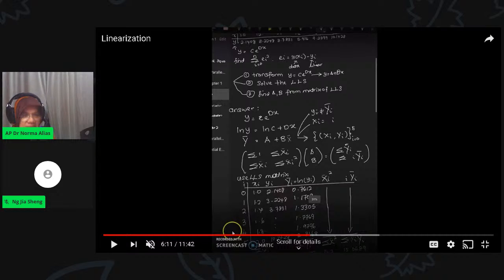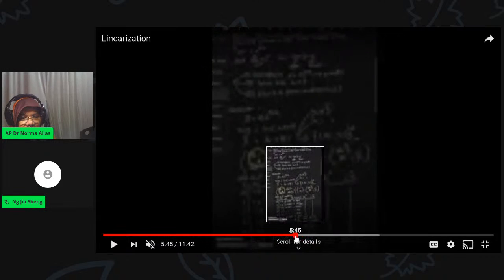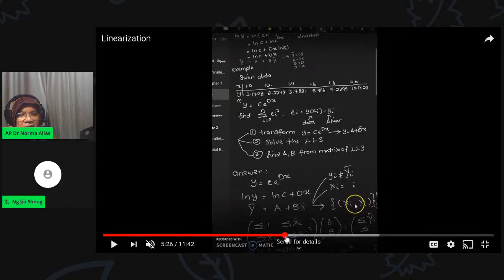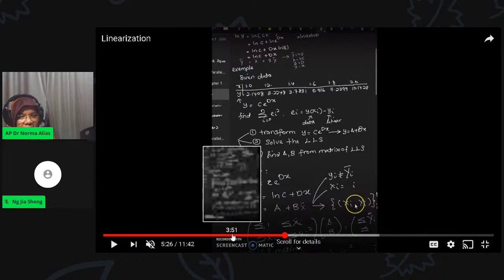The data is I0, I1, I2 until I5, all right? So the data is given in the table before. You can see the data, all right?